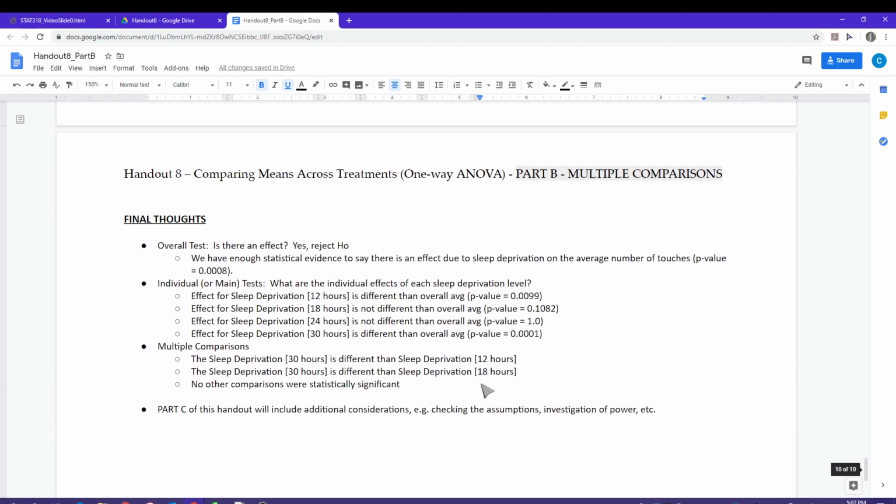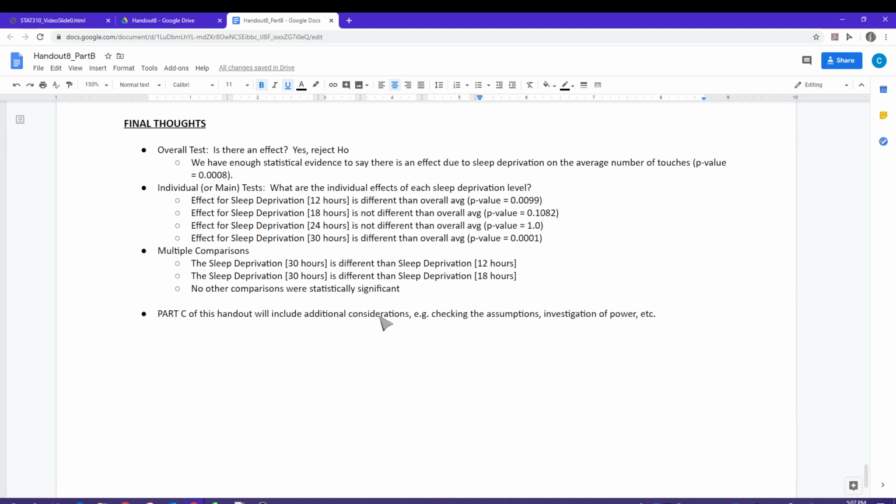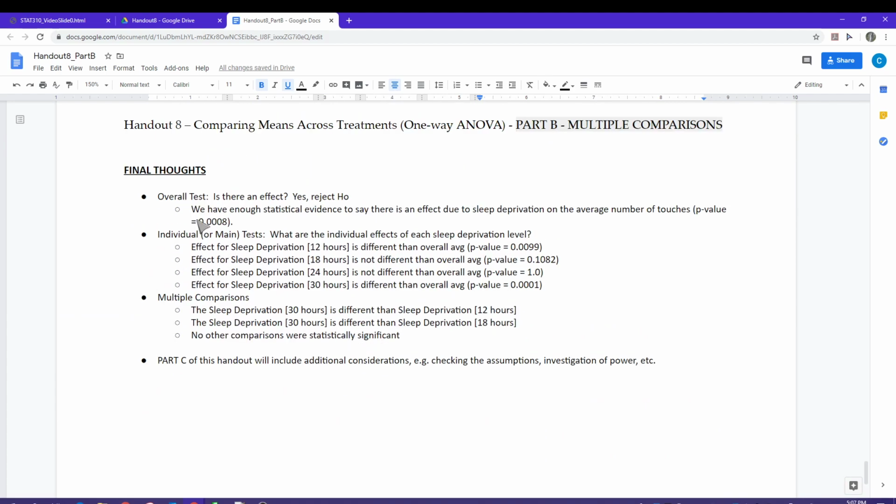Okay, some final thoughts, putting all of the pieces from Part A and Part B together. In Part A, from the overall test, we were asking, is there some type of an effect? And we found out, yes, there was, because we rejected the H0. The conclusion we made there is we had enough evidence to say that there was an effect.